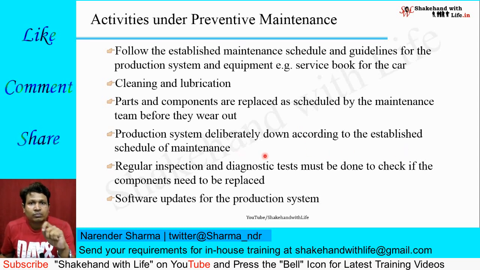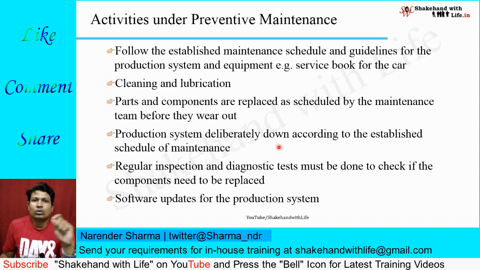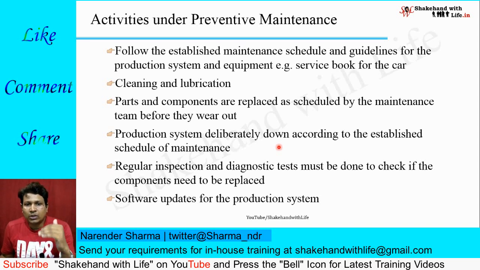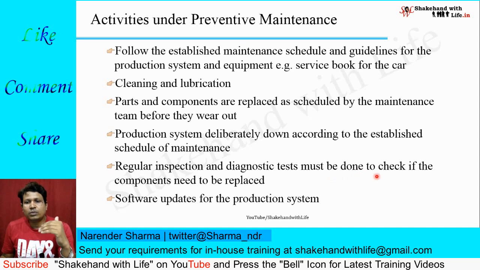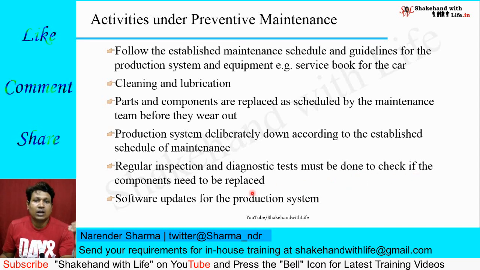In the preventive maintenance case, the production system is intentionally taken down to execute the preventive maintenance activities according to the established schedule. Regular inspection and diagnostic tests must be done to check if the components need to be replaced.